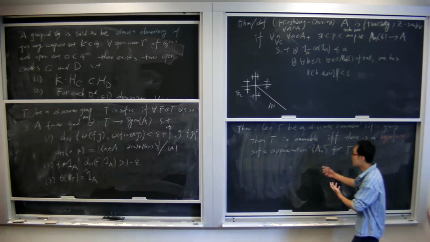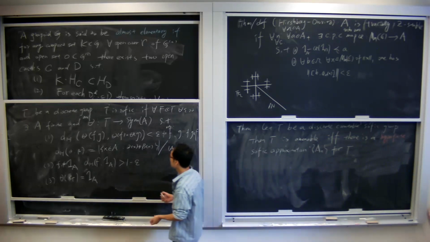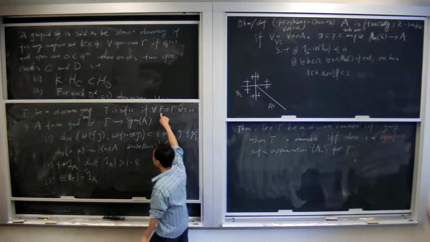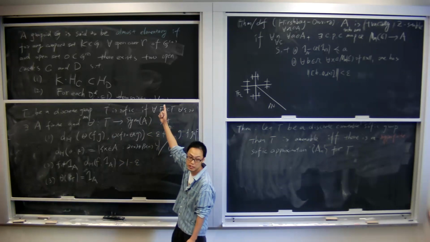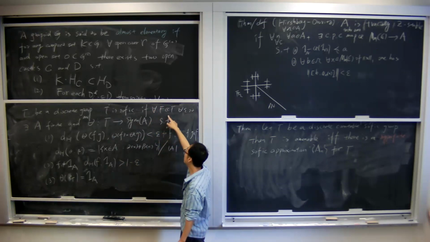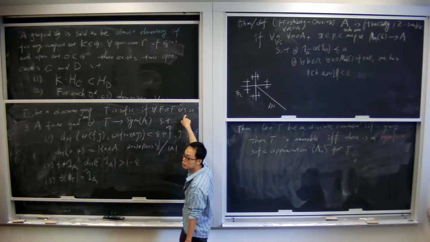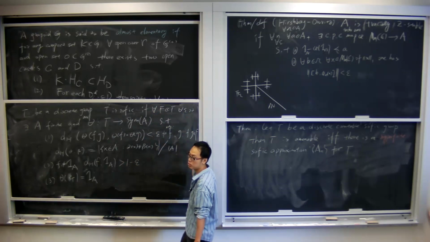So what does the sofic approximation mean? It means now you take the sequence F_n increasing to enumerate all elements in gamma. Then you take a decreasing epsilon, denoted epsilon_n, decreasing to 0.